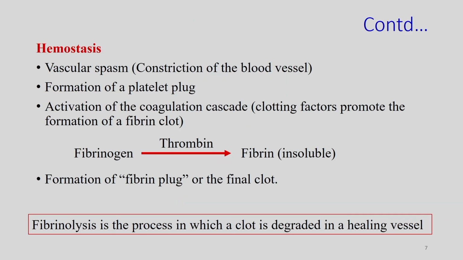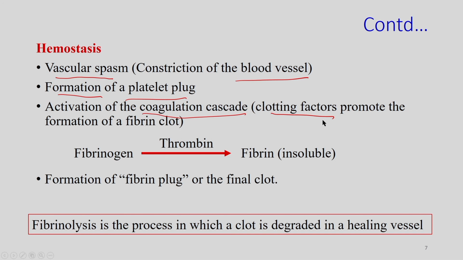So, we will see what happens during the homeostasis. The first thing is vascular spasm, this is the first step. It means the blood vessels are damaged during the surgery, and this leads to the formation of the platelet plug. The third step is the activation of the coagulation cascade, or you can say the clotting factors.